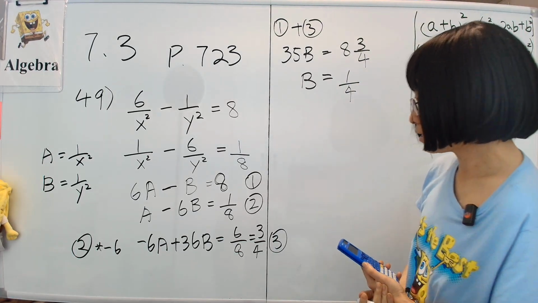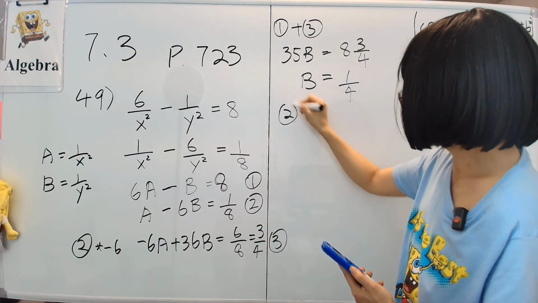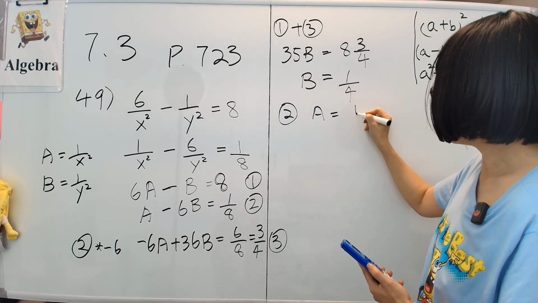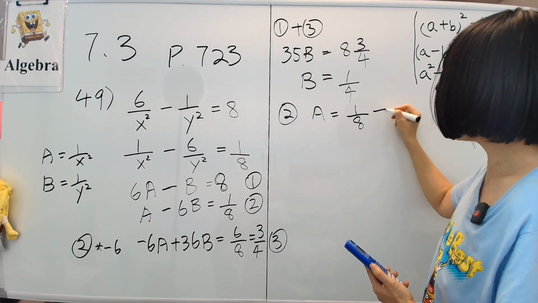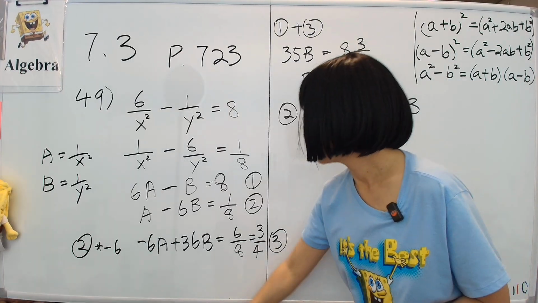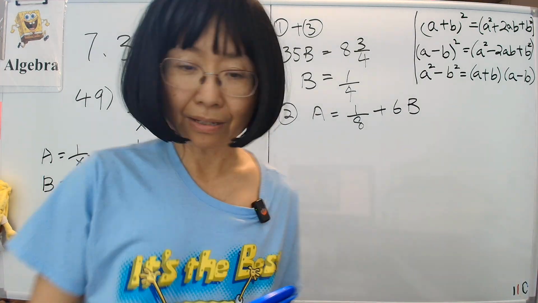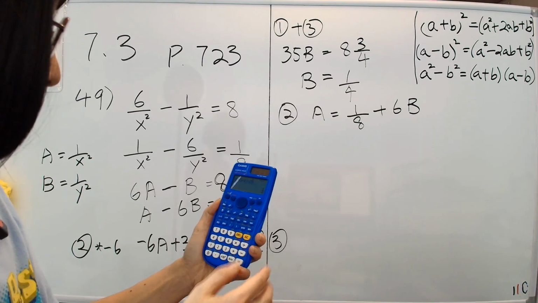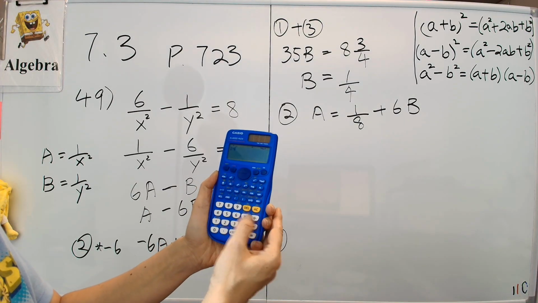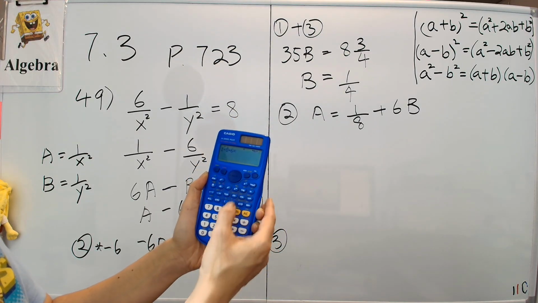All right, and then a, from equation 2, we get a equals to, move the minus 6b on the other side, 1/8 plus 6b. Right? All right. So again, to calculate a, I'll do 1 divided by 8 plus 6 times, what was b again? 1/4.